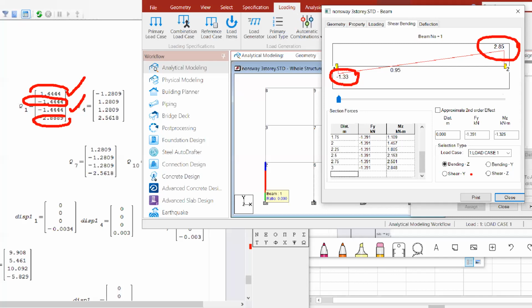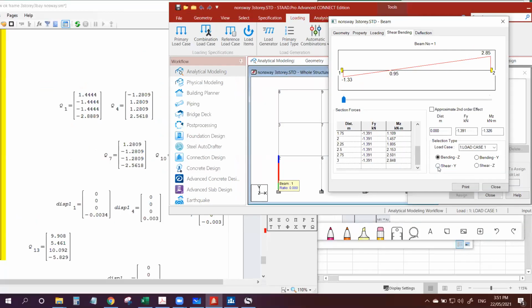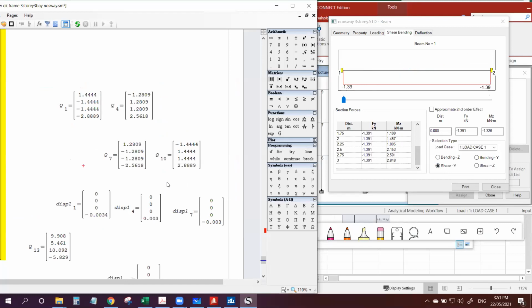So I'll click on here to get the shear. And 1.39. So almost 1.44. Okay. So consistent, no? The displacement of member 1 is only 0, negative 0.0034, because the rest are zeros, right? You have restraints on the ground and no lateral displacement.